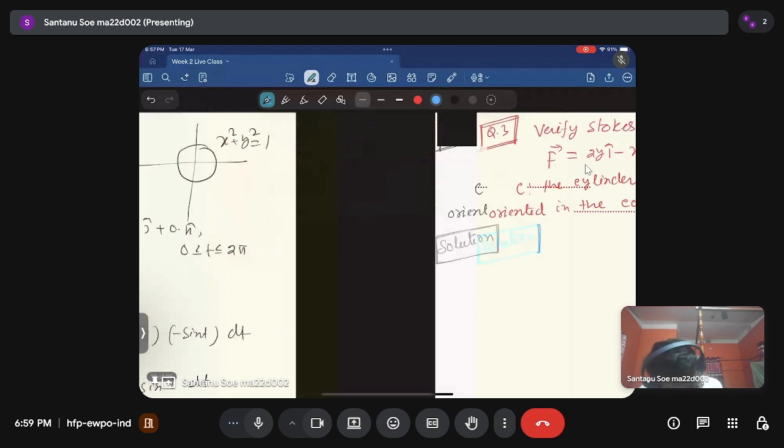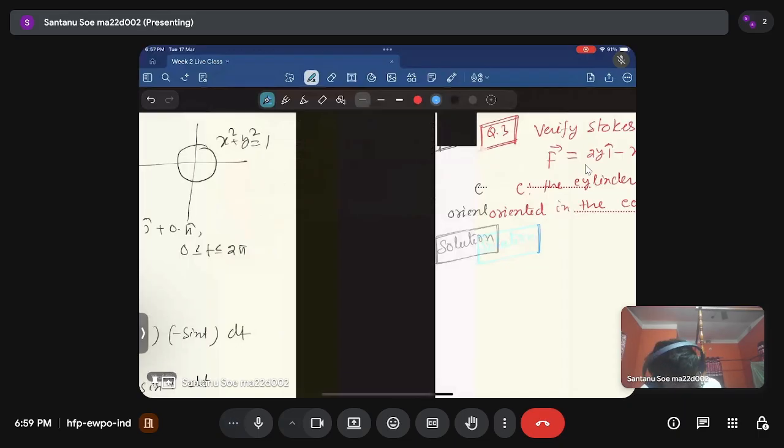And our f(x, y, z) is given by z minus x minus 3, which equals 0. So our n cap will be gradient of f by norm of gradient of f. So this is just minus i plus 0j plus k cap divided by square root of 2.